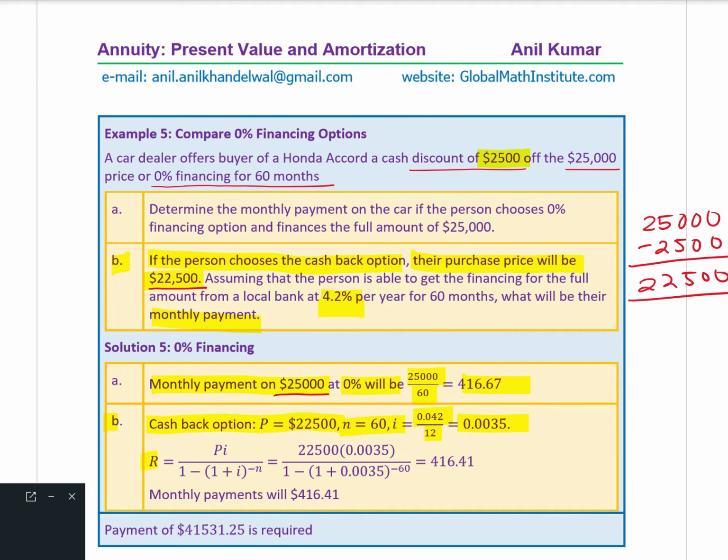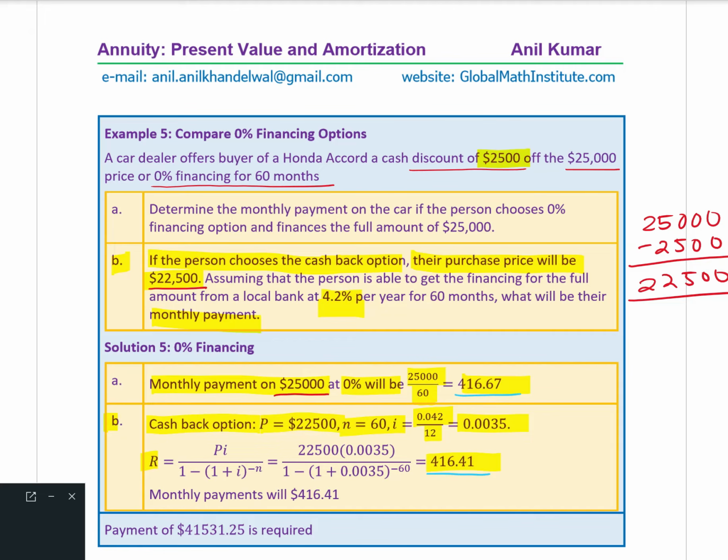Now let's use the formula to find the value of R, substituting what is known to us, that is principal and the interest and the compounding number of terms. We get the value as 416.41. So it is slightly lesser, right? It is slightly lesser than what we calculated earlier. So this is a better option.